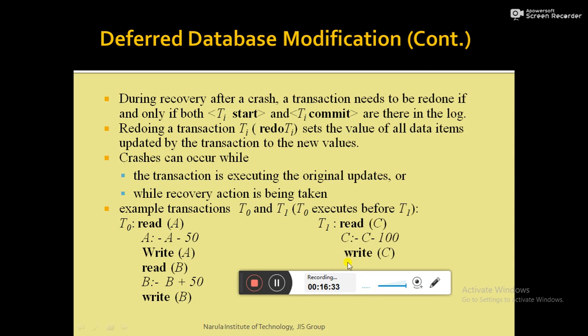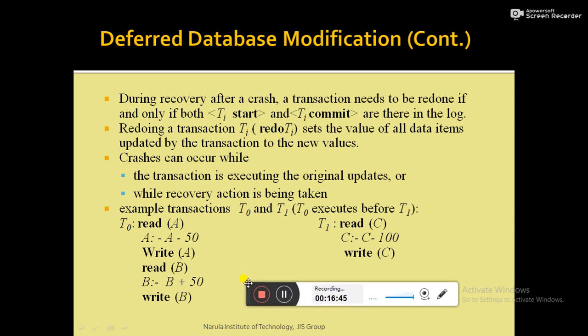Now crashes can occur while the transaction is executing the original update, or while the recovery action is being taken. Now consider the example. Suppose two transactions are executing serially, not concurrently: transactions T0 and T1, where T0 executes first, then T1.